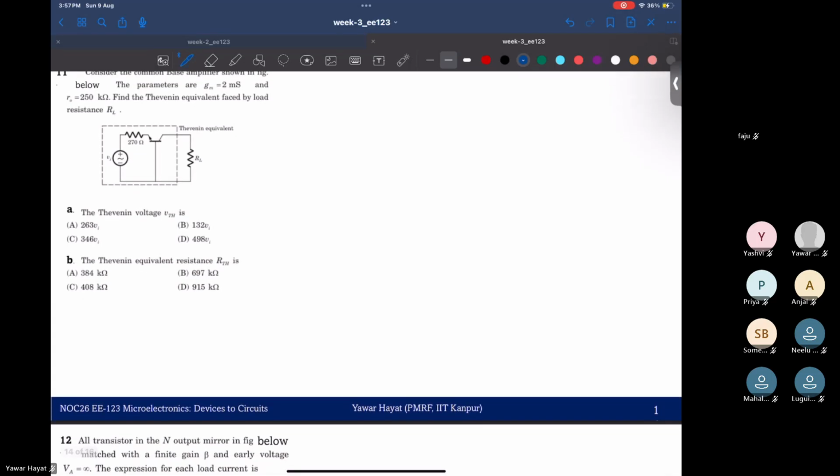Anyone? Obviously, our VTH would come in terms of Vi, right? What is VTH by definition?